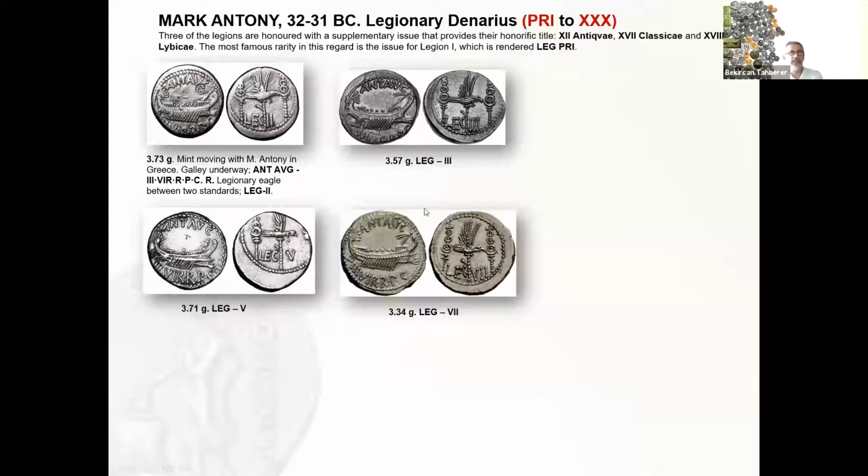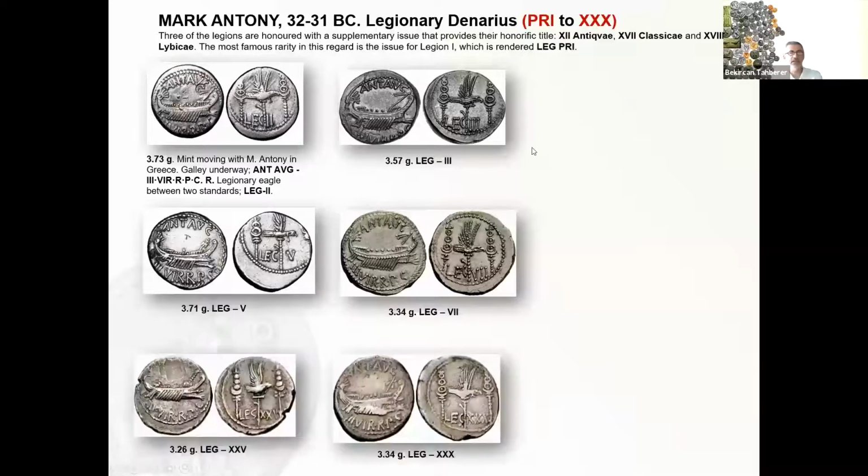But while researching for this talk, I found examples with 3XXX. So apparently there were at least 30 legions, or somehow Mark Antony wanted to show the world that he had 30 legions at his disposal.